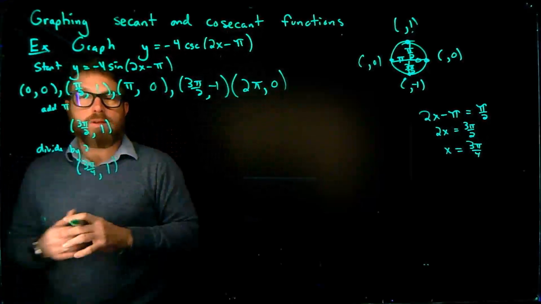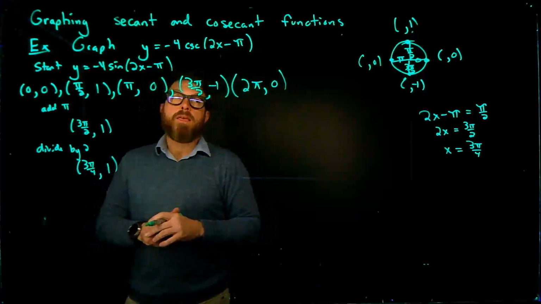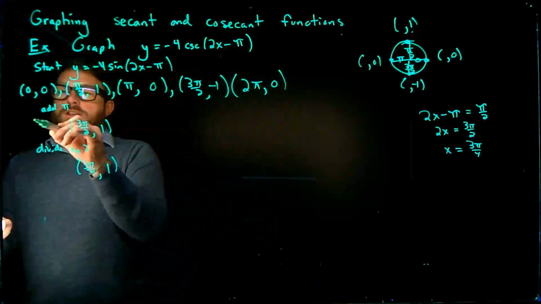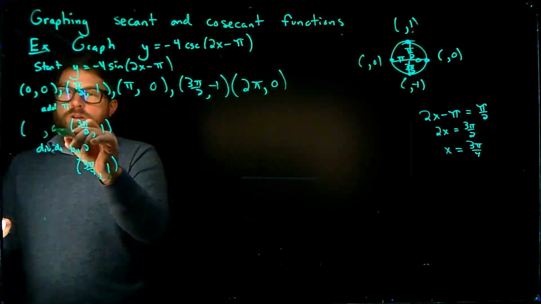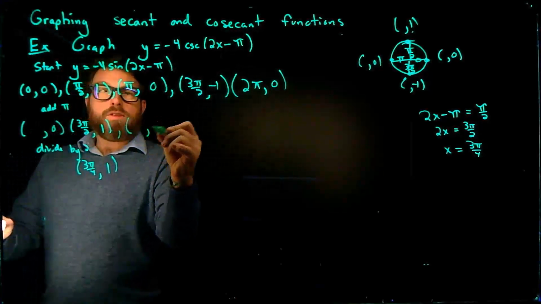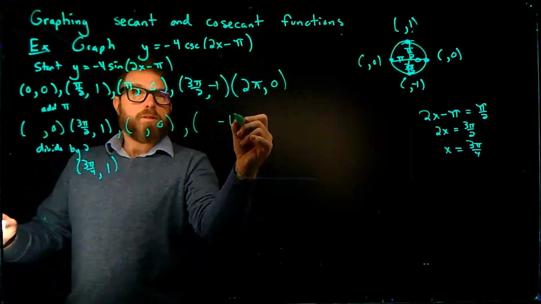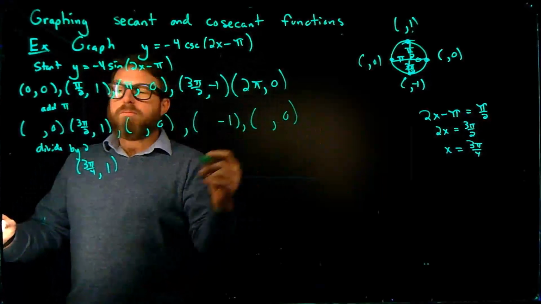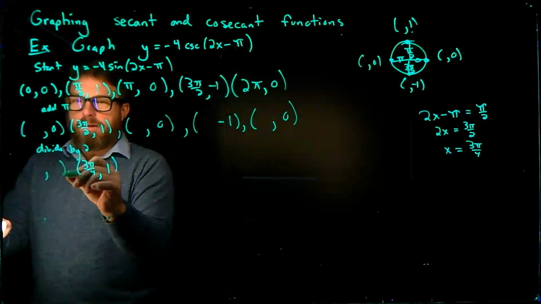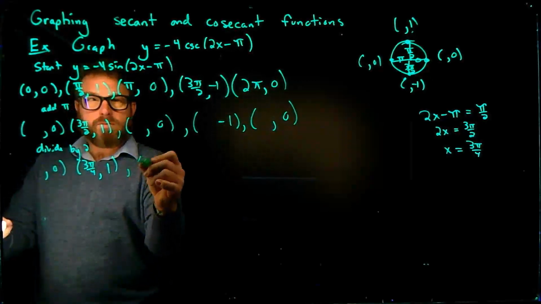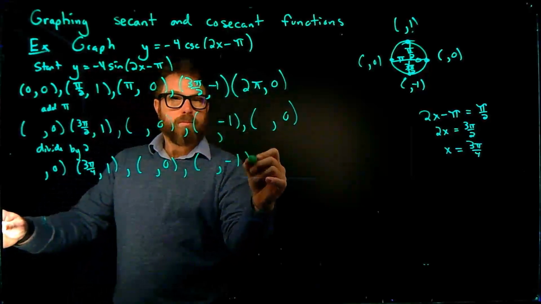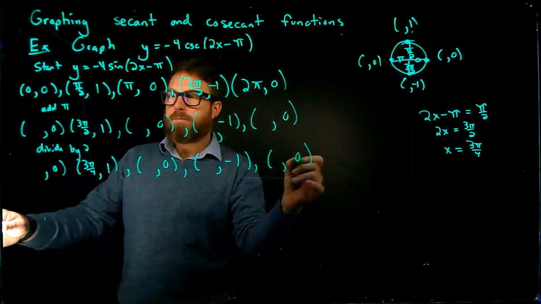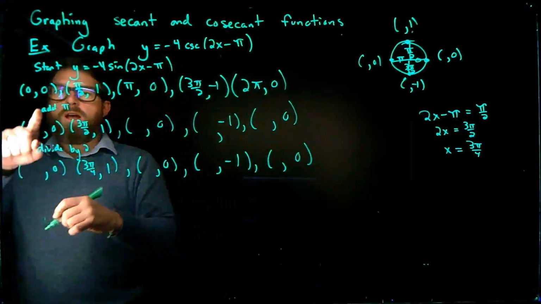So really I'm just manipulating the x coordinates. So let's do that with all of these. So remember that the y coordinates are unchanged. I'm just going after the x's right now. Okay, so first things first, add pi.